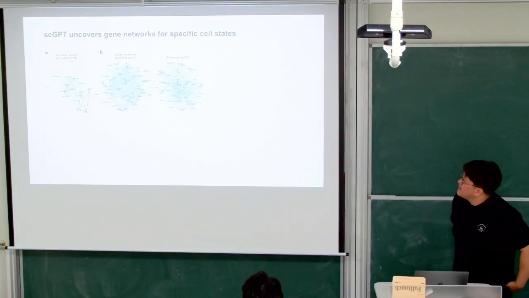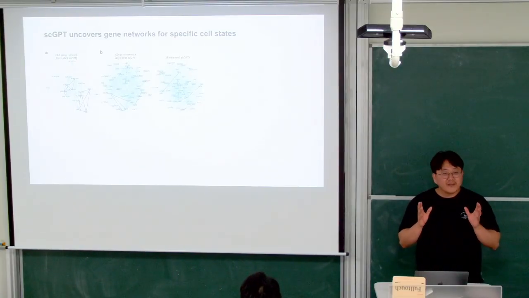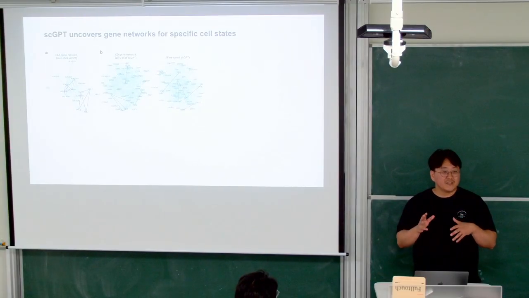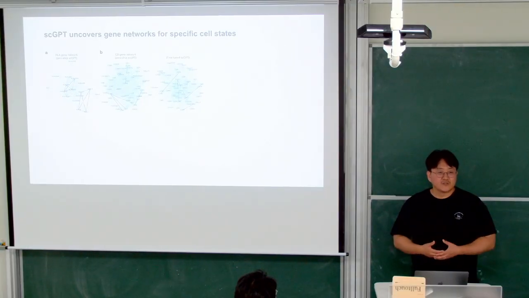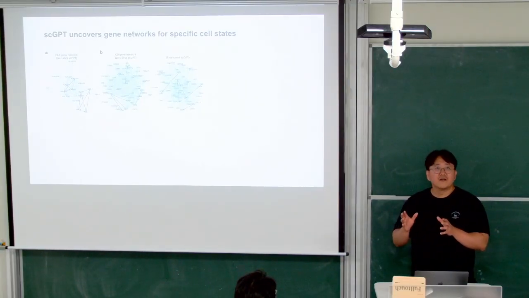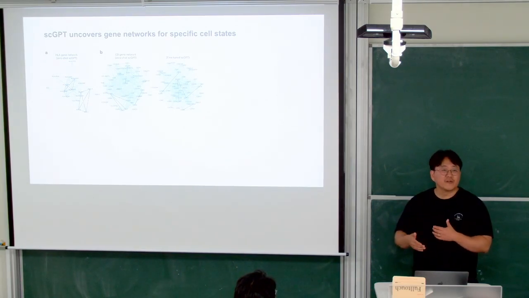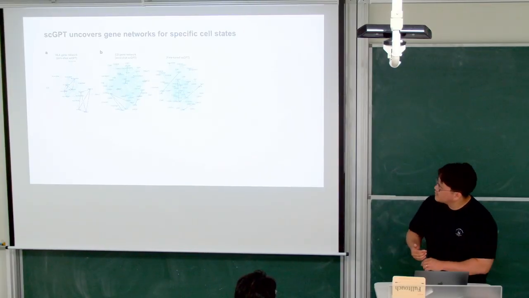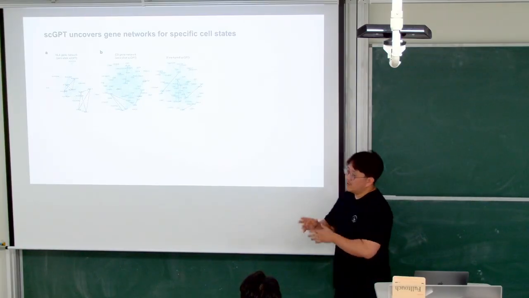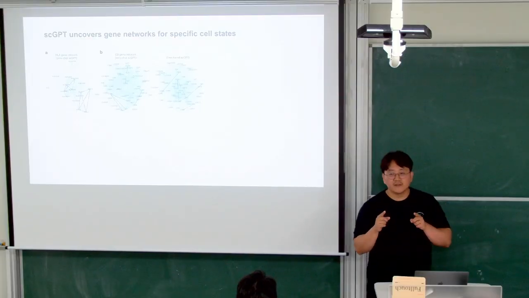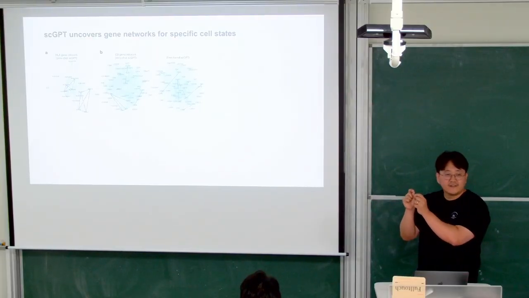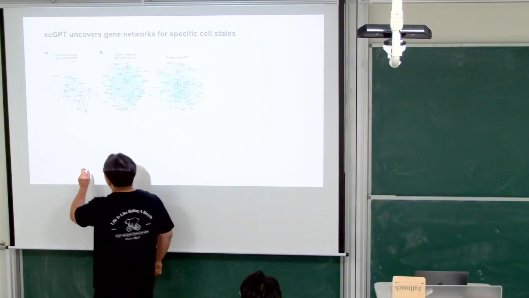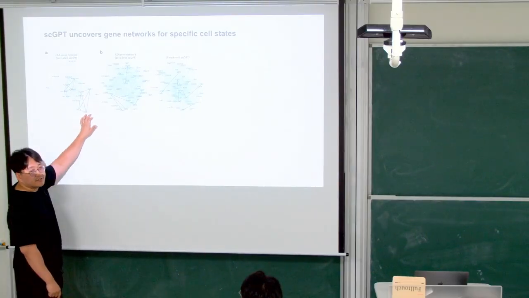And they did a lot of benchmark studies. So in here, we have embedding genes, right? The gene embedding layer during the input embedding is also trained during the pre-training step. So using that gene embedding, we can estimate the distance between different genes. If two genes are close enough, then we will connect them to each other.